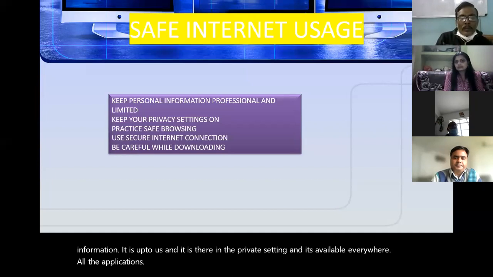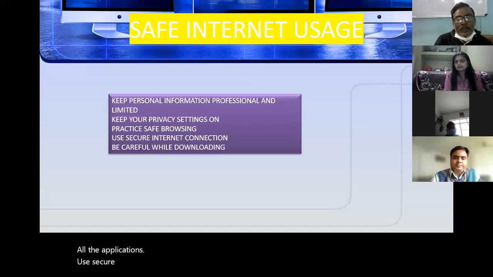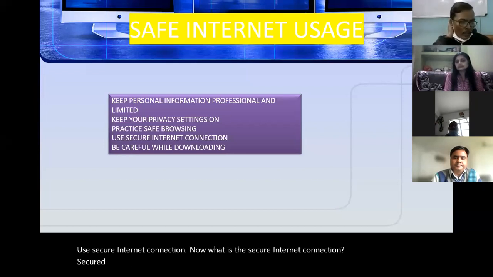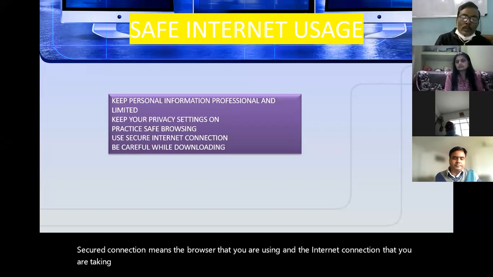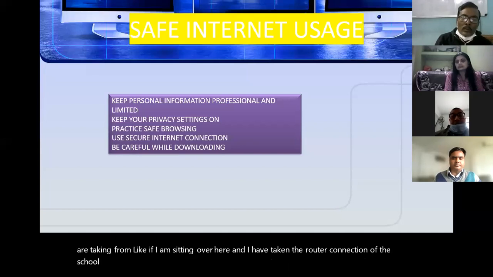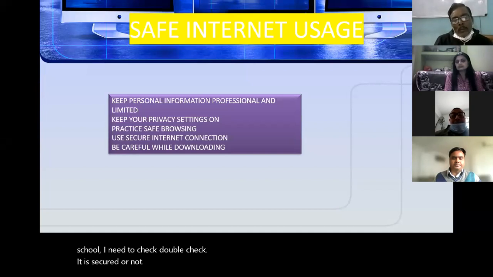Use a secure internet connection. Now, what is a secure internet connection? Secure internet connection means the browser that you're using and the internet connection that you're taking. Like if I am sitting over here and I have taken the router connection of the school, I need to check, double check, is this secured or not? The question arises, how to know about this?